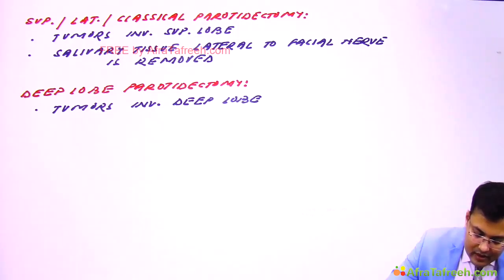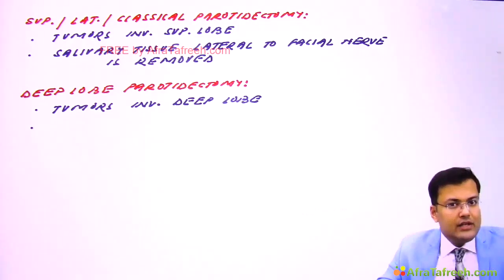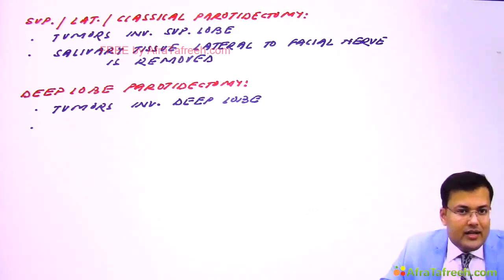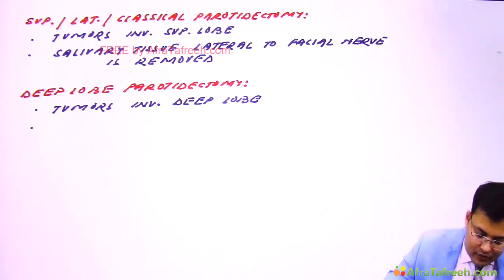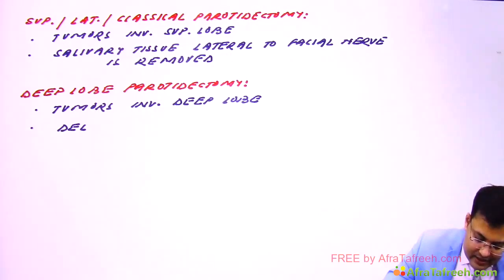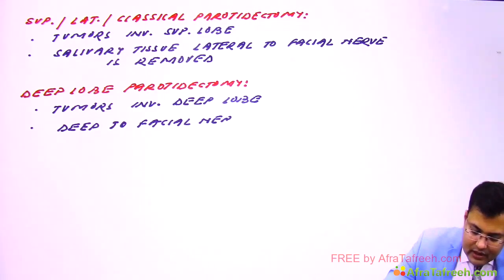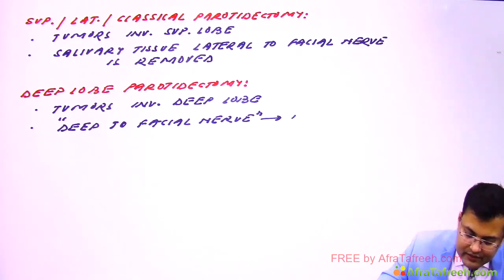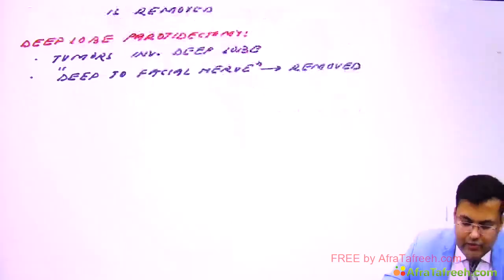And here we are going to remove the salivary tissue located deep to the facial nerve. Clear? So salivary tissue located deep to the facial nerve is removed. This is deep lobe parotidectomy.